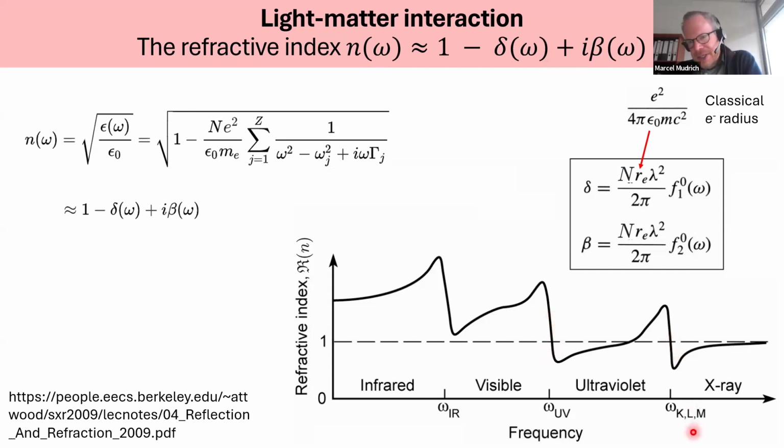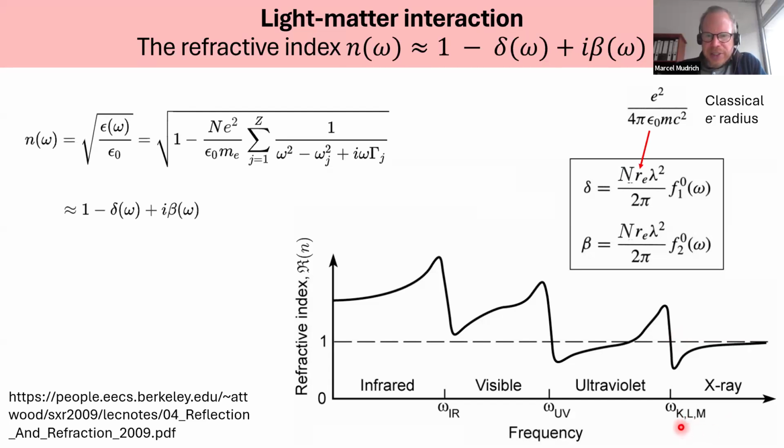So what is omega KLM? What kind of degrees of freedom do we now excite in the X-ray, resonantly? Nuclear transition. These are inner shell or even core shell transitions, excitations or ionizations. And KLM is the naming of the different shells.